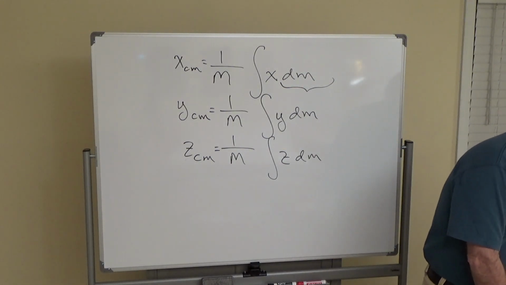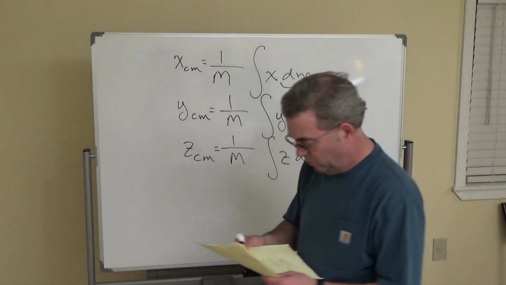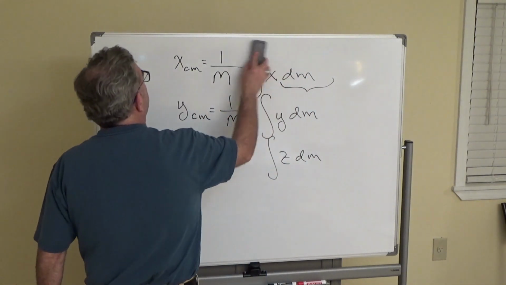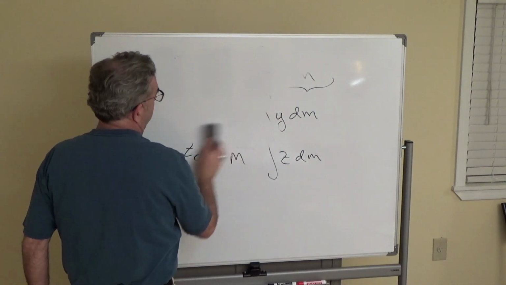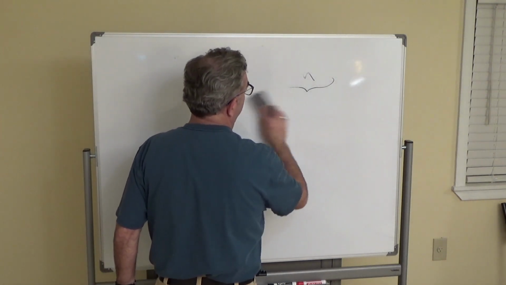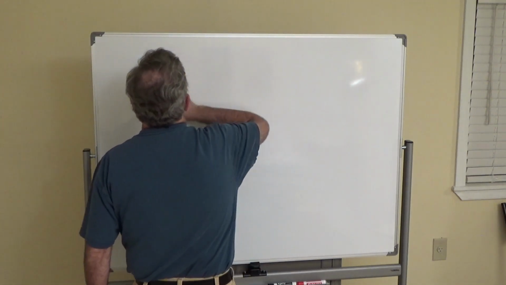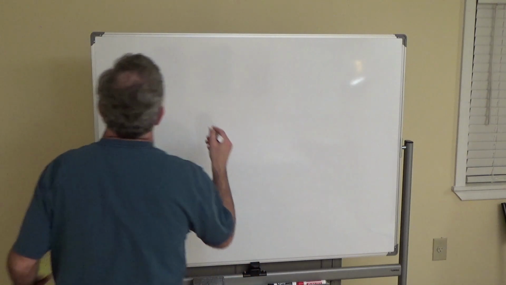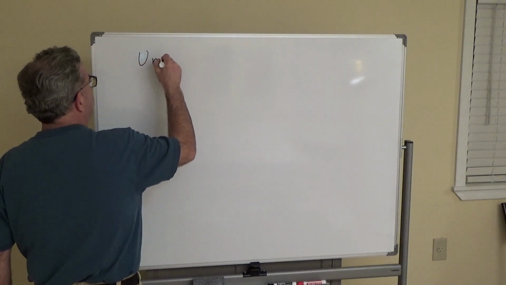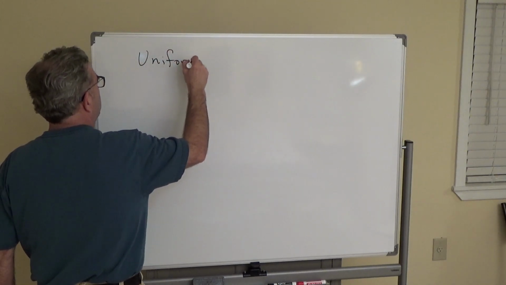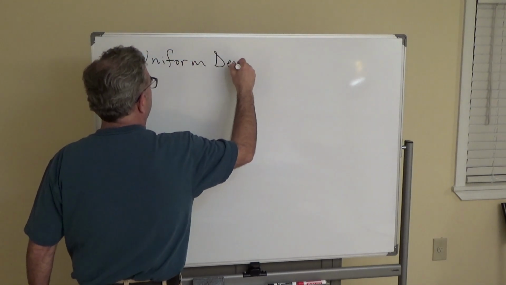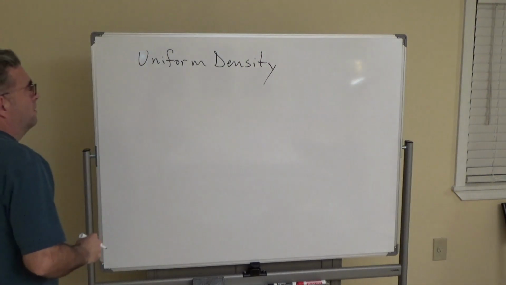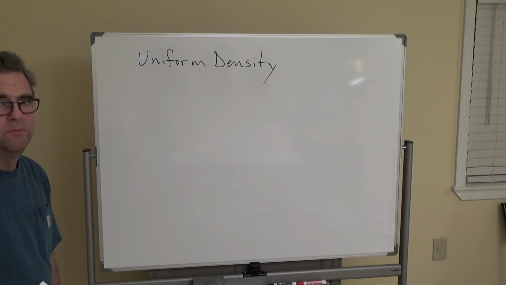If rho, which I haven't told you what rho is. Okay. So for objects that have a uniform density, this board is shaking, I know, but maybe I can fix it.